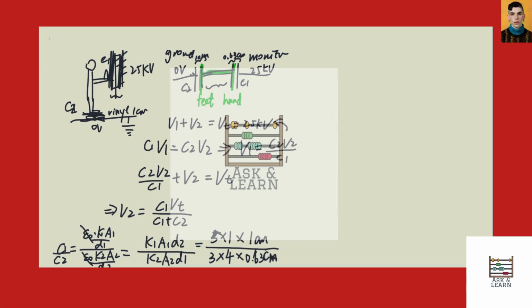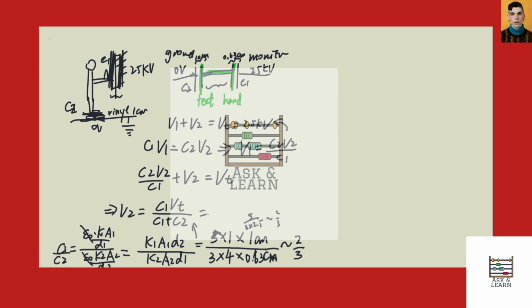So if we calculate, this is roughly 2 over 3, roughly, because this is 5. This is like 3 times 2.5. It's like 2 over 3. So I just use this ratio and I'll put it here.